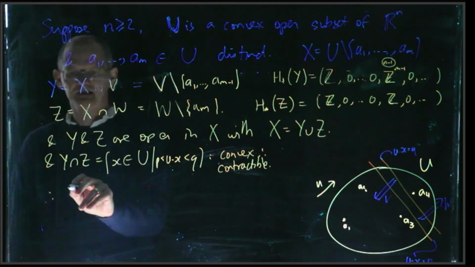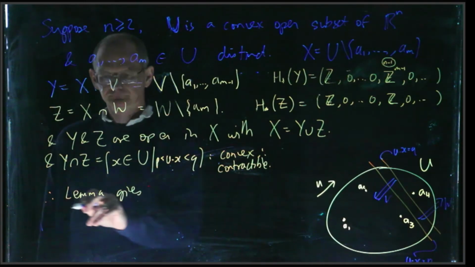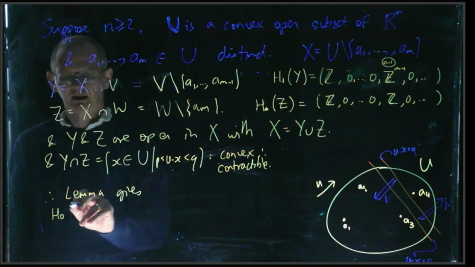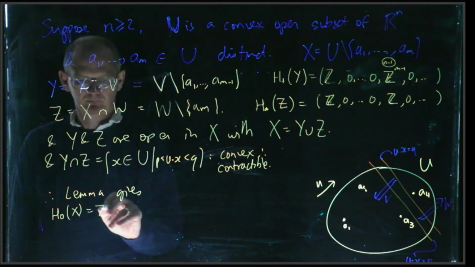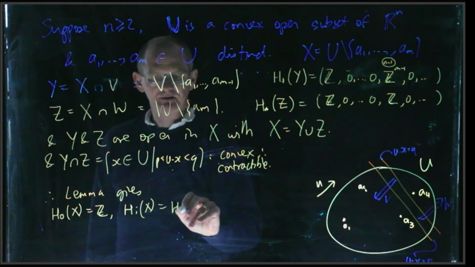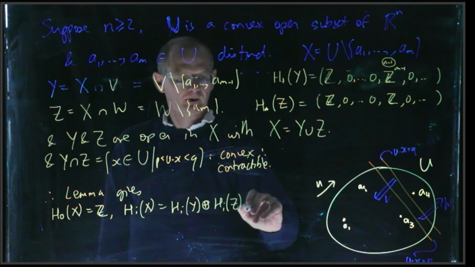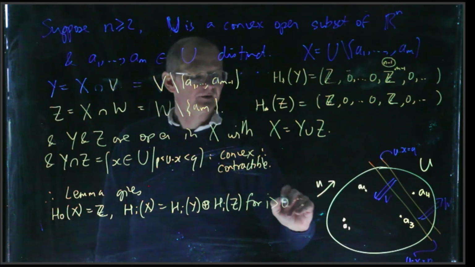So the previous lemma gives that H_0 of X is Z, and H_i of X is H_i Y plus H_i Z when i is bigger than 0.